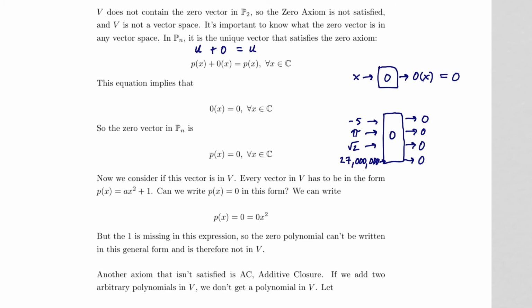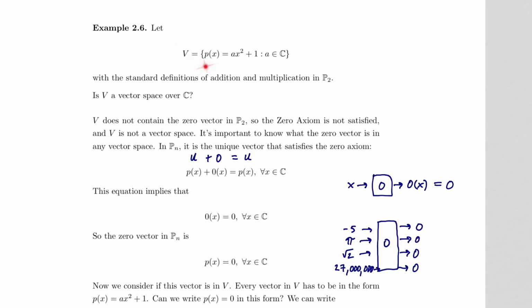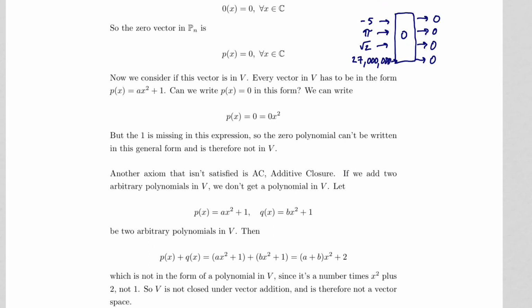Well, if it is, we need to be able to write it in the form of an arbitrary vector in V. In other words, ax squared plus 1, where a is in C, or a number times x squared plus 1. Well, we can write p of x as 0x squared, but it's missing the plus 1. So this vector is not in the form of an arbitrary polynomial in V, so it's not in V, and the zero axiom is not satisfied, and V does not form a vector space over C, and we could stop there if we wanted to.